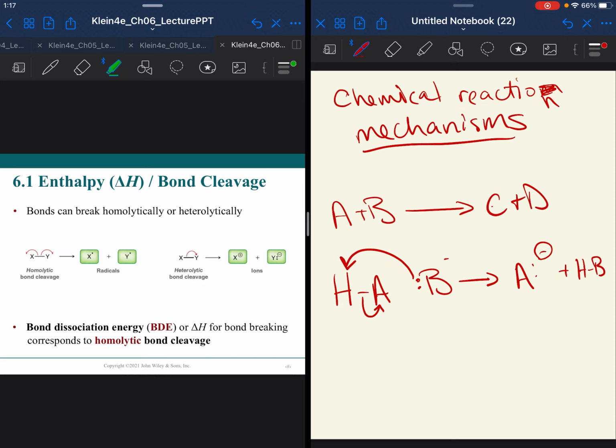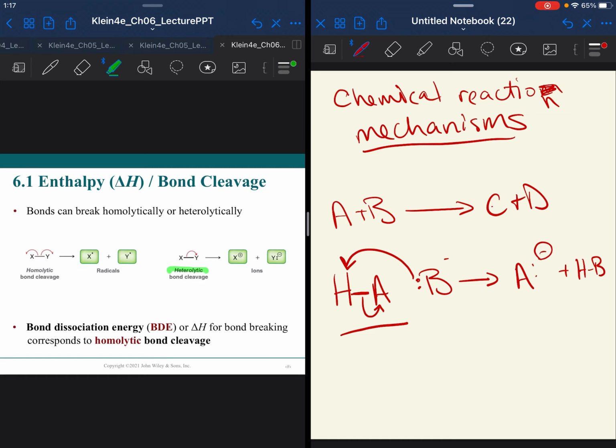There are two ways bonds can break. This is important. We have looked only at heterolytic cleavage so far. That's where both electrons in the bond go in one direction, right? So when we look at, say, the bond breaking here, that is a heterolytic cleavage.